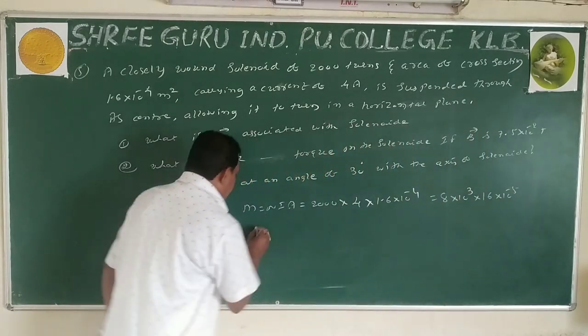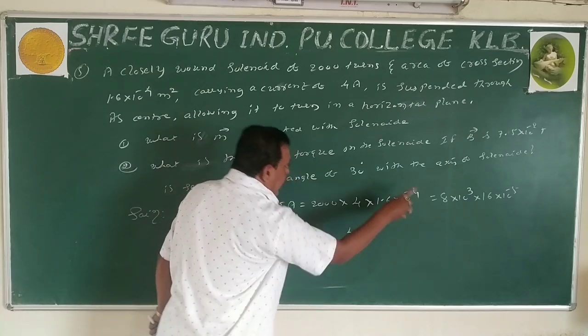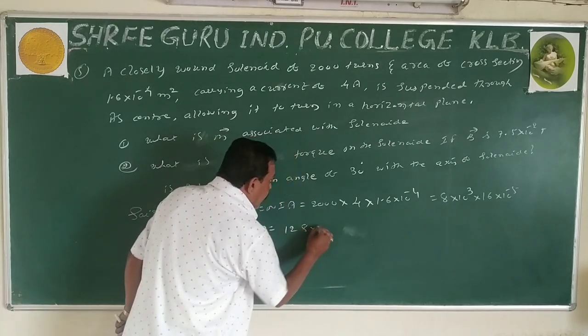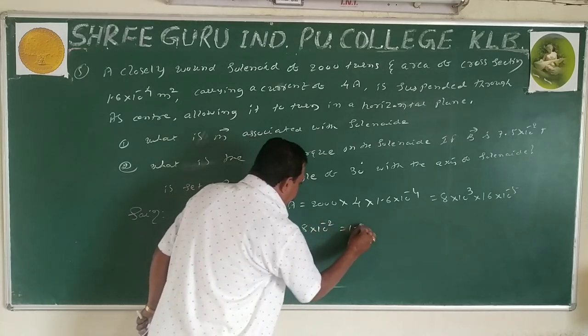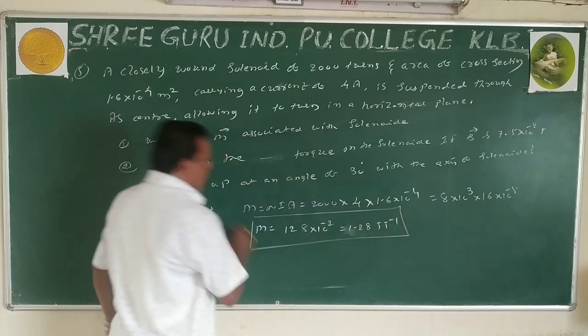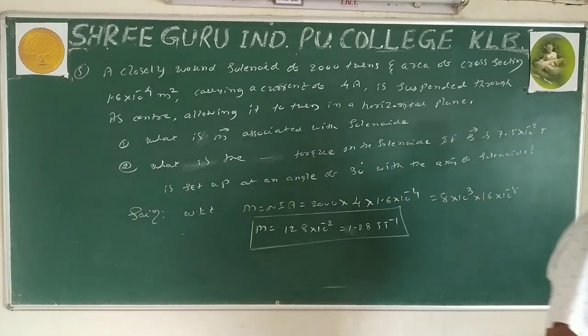So what is M? 128 into 10 to the power of minus 2, 1.28 joule per Tesla. देख लो. Right? Then what is torque?